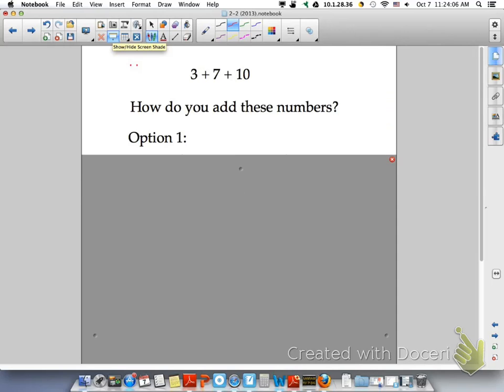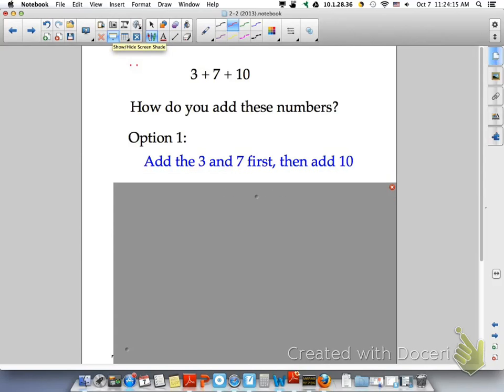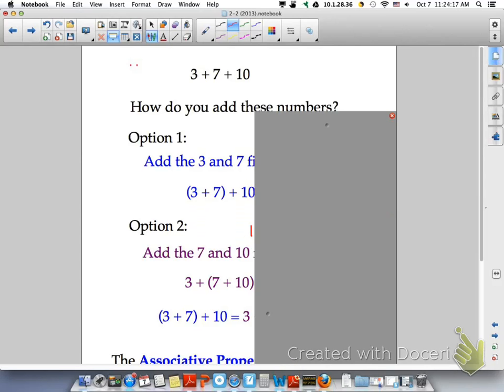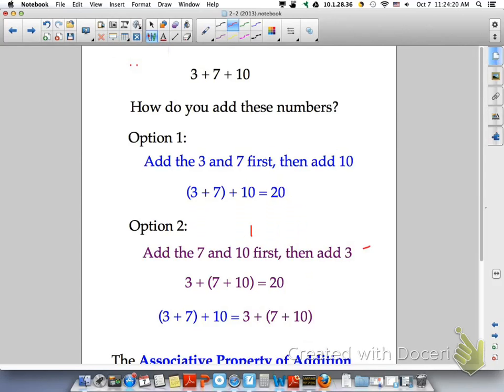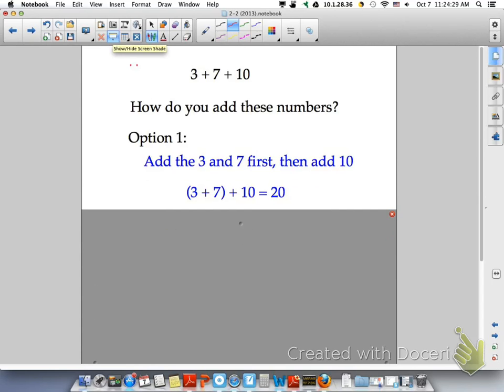So the option 1 is Lena's option. Add the 3 and the 7 first and then add 10. The second is Troy's way of doing it. Now before we get to Troy's, how do I show that I'm adding 3 and the 7 first? What am I introducing here? I'm using a grouping symbol called parentheses.